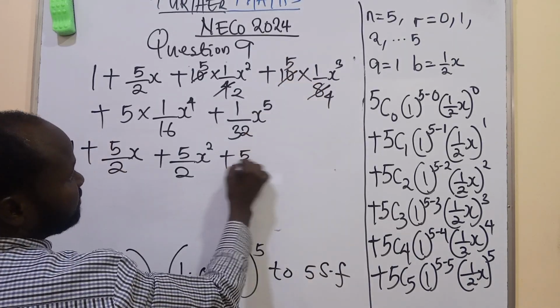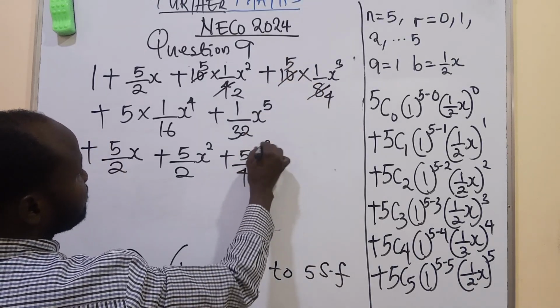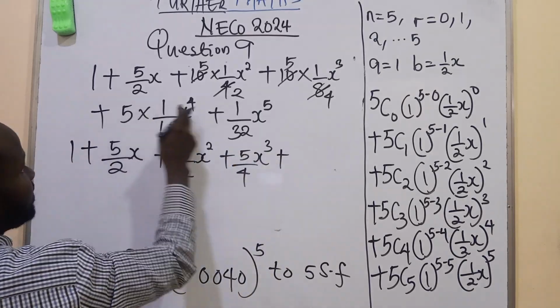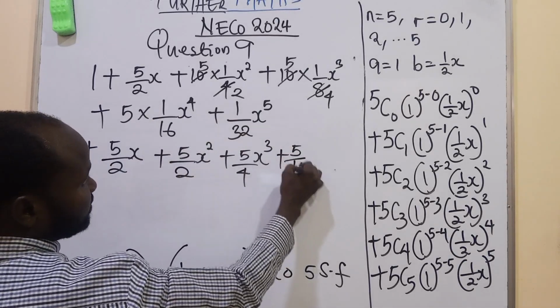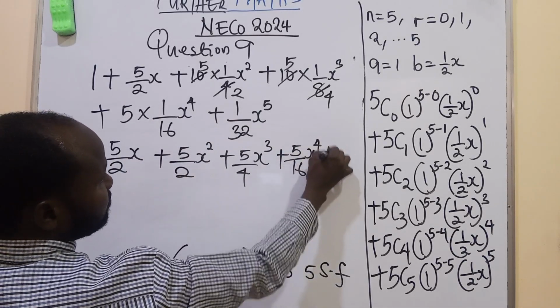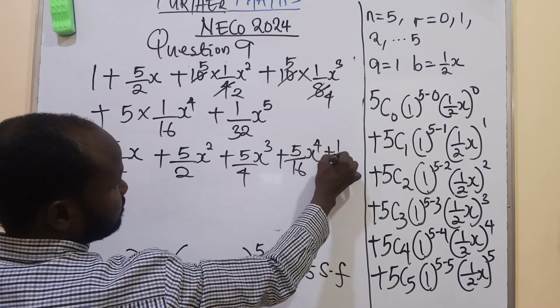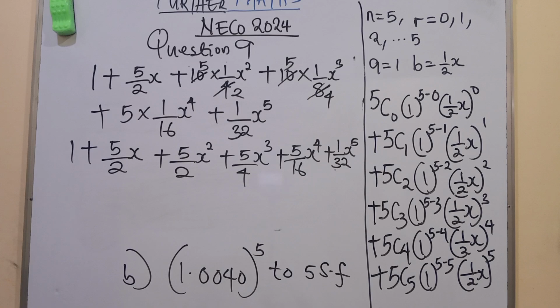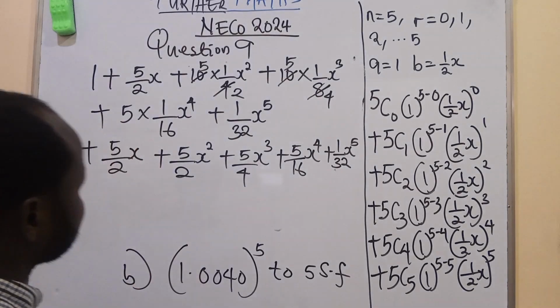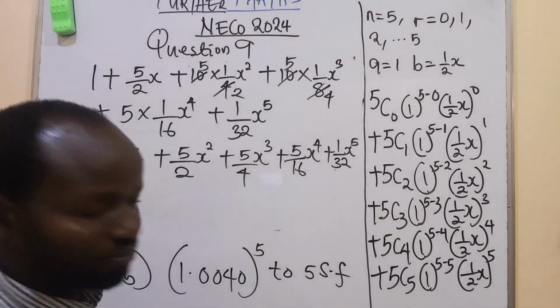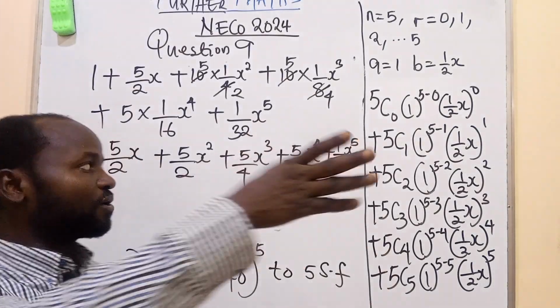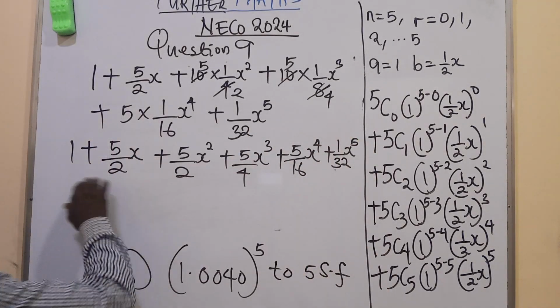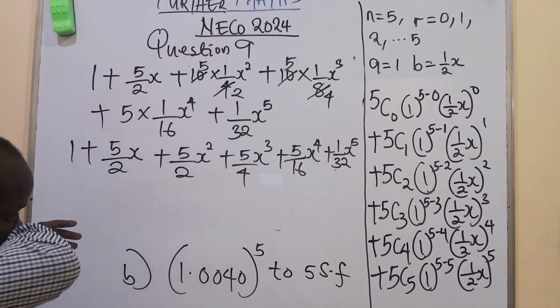That will be 5 divided by 4x power 3, plus 5 divided by 16x power 4, plus 1 divided by 32x power 5. So this will be the simplification. This will be the solution to A, because we are asked to write down and simplify all the terms.